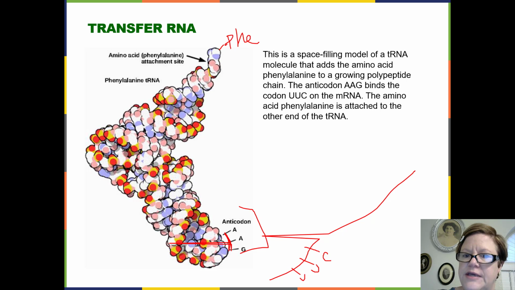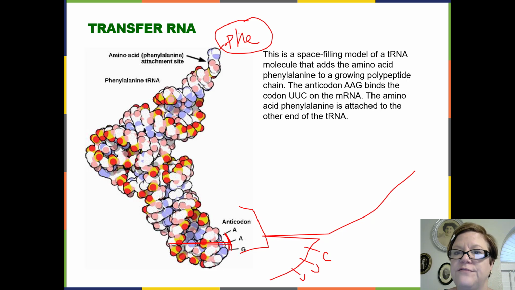The codons are in the mRNA, but there is a complementary anticodon in the tRNA, and that tRNA will always bring in a certain amino acid, in this case phenylalanine. You do not need to memorize the codons, the anticodons, and which amino acids they are associated with, because if I need you to answer a question about that, say on the test, for example, I would provide for you the genetic code. You would have that.